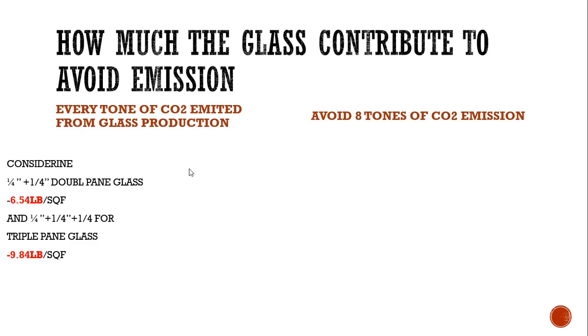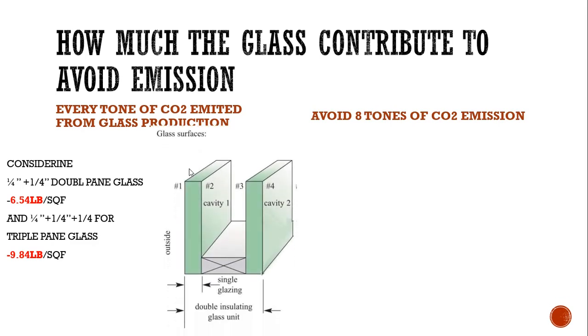So how much does the glass contribute to avoided emissions? Considering double pane glass is quarter-inch glass combined with another quarter-inch glass with a spacer to build double pane glass.